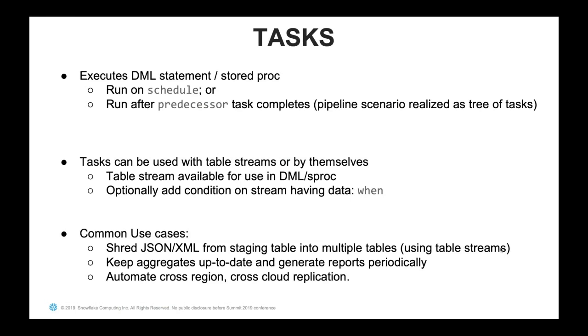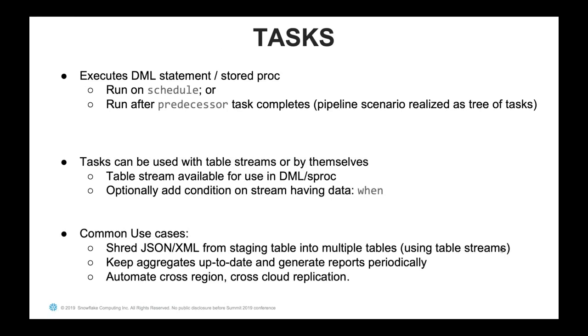So if there are no changes being captured by the stream object in the source table, then the task will not execute, given that you've defined it on a condition. So that allows us to execute the transformation logic on a need basis and not just keep on running it on a predefined schedule.